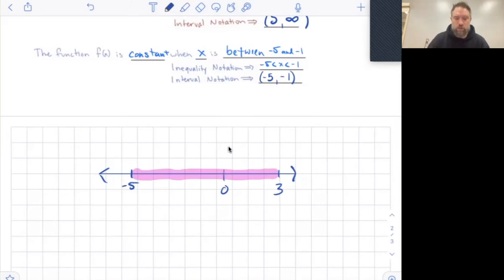In order to show that, we're going to use either a hollow dot like that or a solid dot. Do you remember this? Have you seen this before? A hollow dot means that number is not included.